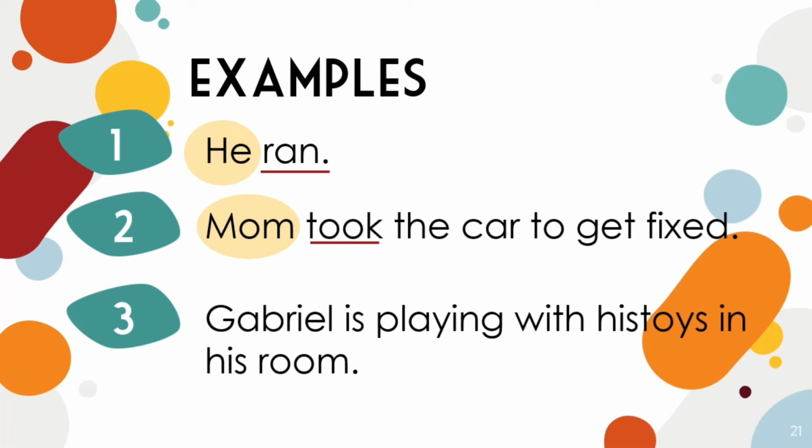Third example: Gabriel is playing with his toys in his room. The subject in this example is Gabriel, and we have a verb phrase, is playing. The sentence expresses a complete thought, so this is an example of a main clause.